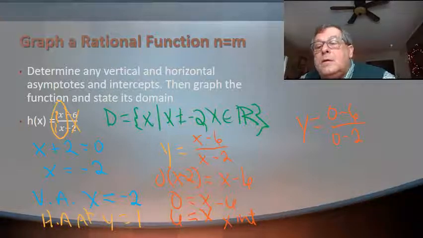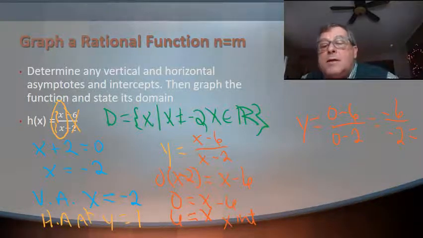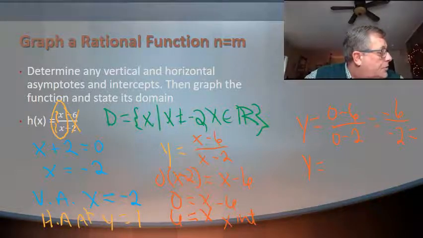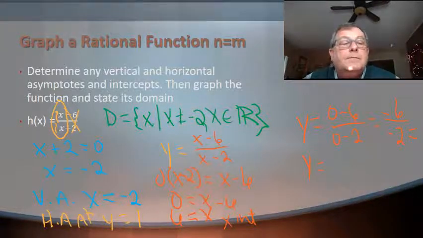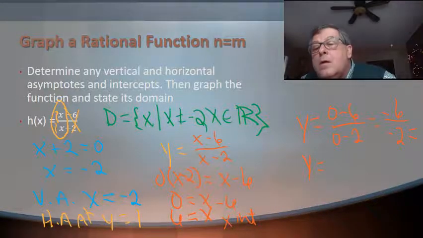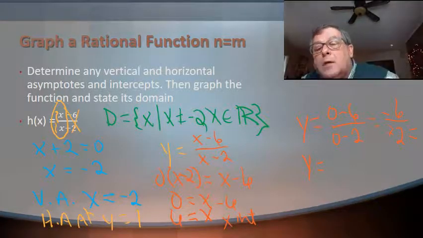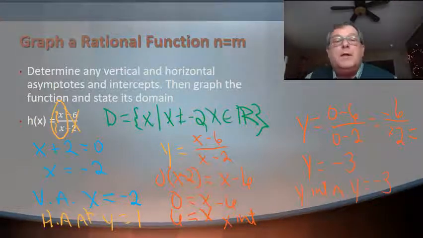Well, that's going to equal negative 6 over 2, so I should have a y-intercept at negative 3, y equals negative 3.